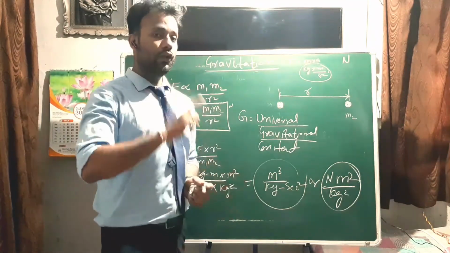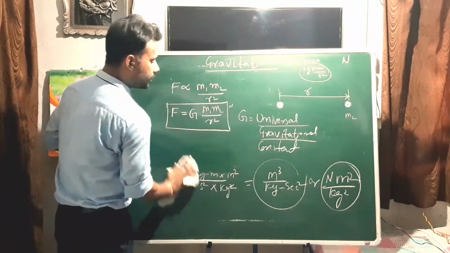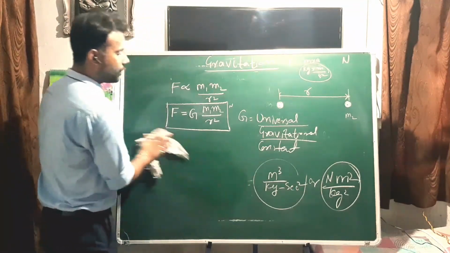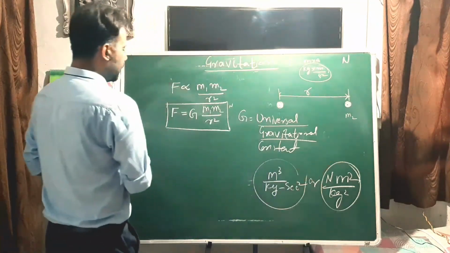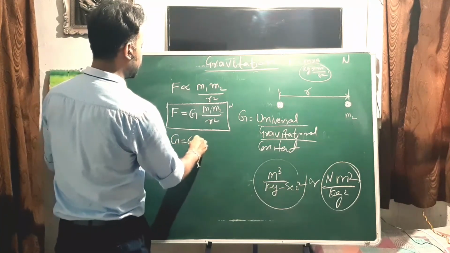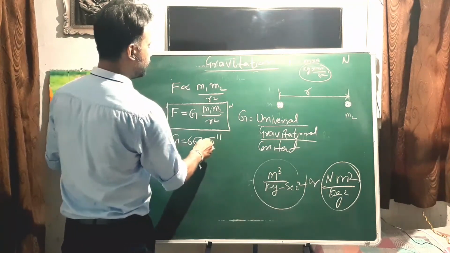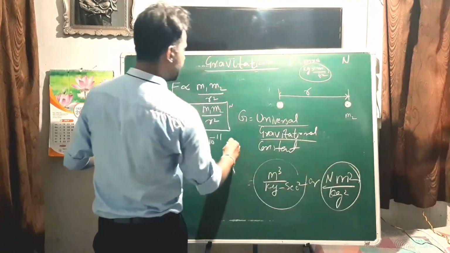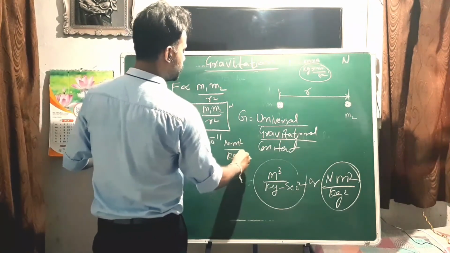Now what is the value of G? Let's write it, because it is very, very important to remember the value of G, because it will help you in the senior classes also. So the value of capital G is 6.67 into 10 to the power minus 11, and this is unit Newton meter square upon kg square.